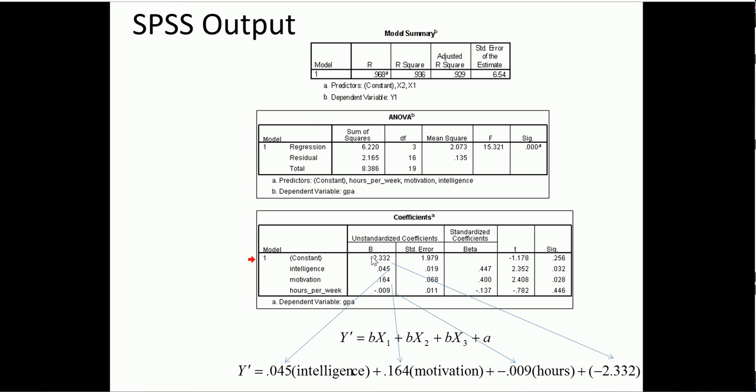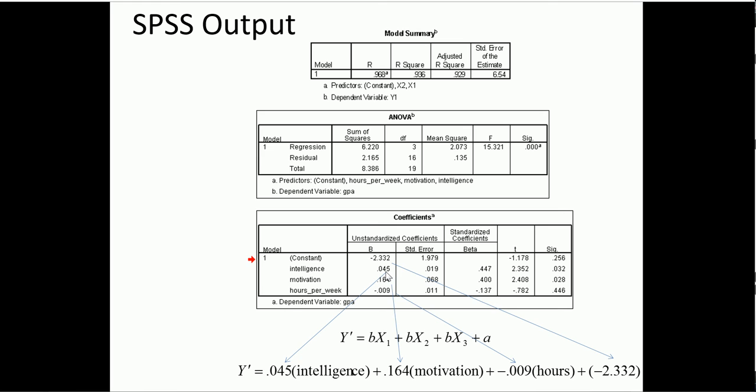week. We can see the unstandardized regression slope for each predictor, and the standardized or beta coefficient for each predictor. For every unit that intelligence goes up, let's just say it's an IQ score, GPA will go up 0.045 units.